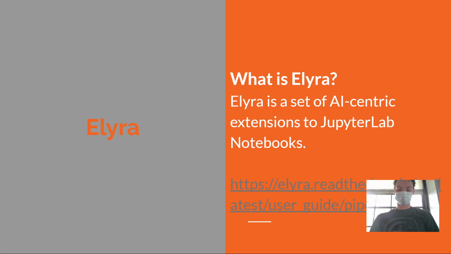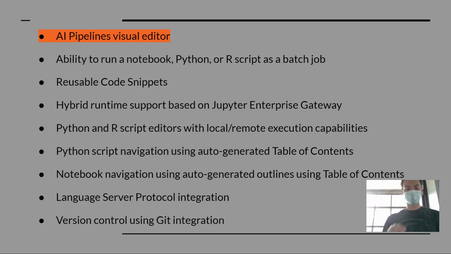The main point is the AI pipelines and the visual editor for those pipelines. All these other things may look a little daunting. I found this daunting at first, but a lot of it is sort of redundant, at least conceptually. So you have the pipelines. I'll explain that later, don't worry.